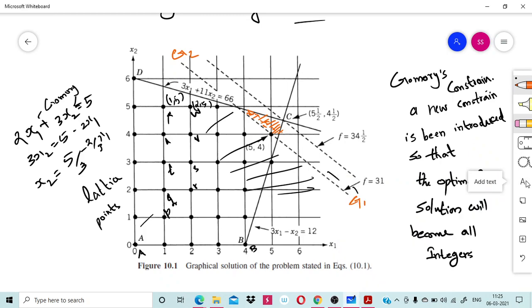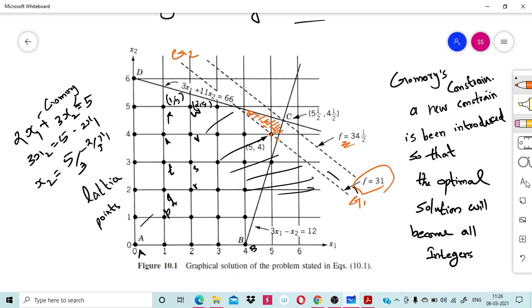Then what we will do is check the vertices and all the points in this feasible region, and if any of these points results in an integer solution, like the point here, that point is all integer. You will substitute this in f, and if you get f as 31, that means it is also an integer, right?